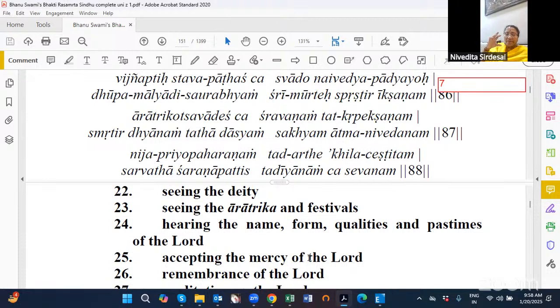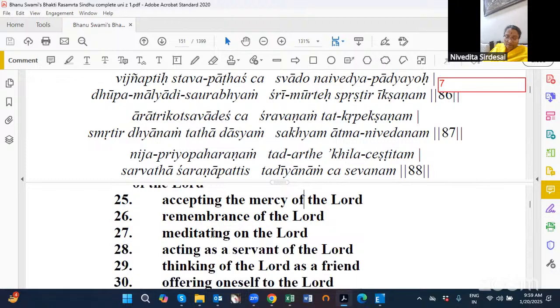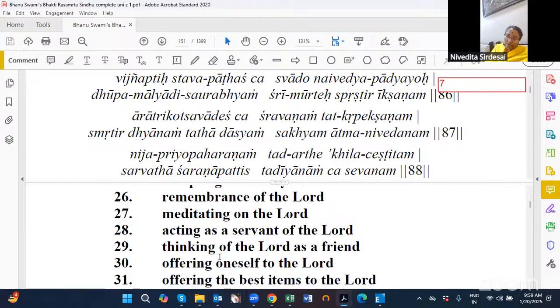Shatari is nothing but accepting the mercy of God. We should wait for the Shatari. Then Smriti, Dhyanam. Smriti means remembrance. Dhyanam, meditating. And then Dasyam, acting as a servant. Then Sakhyam, thinking of the Lord as a friend. Atmanivedanam, offering oneself to the Lord.